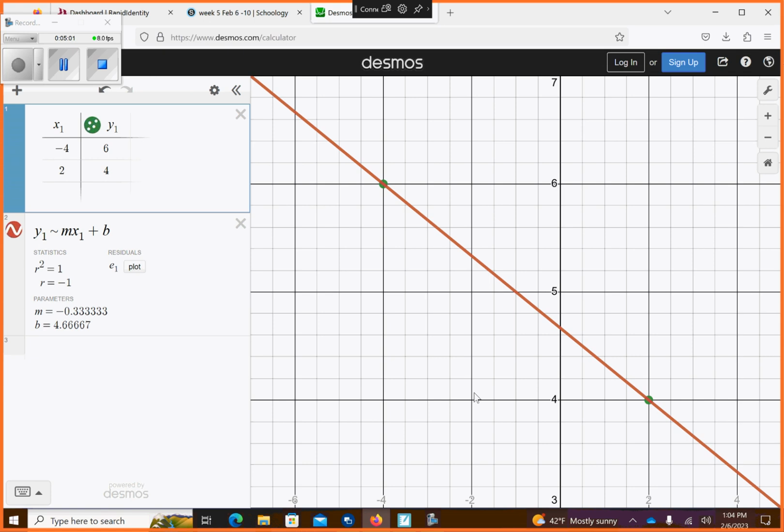And so my equation is y equals negative 0.3, 0.3 repeating is 1/3, so negative 1/3 if you wanted to put, or you could put like negative 0.33 or whatever, plus 4.66667. Okay. Any questions on 1, 2, 3, or do you feel comfortable with how those came about?